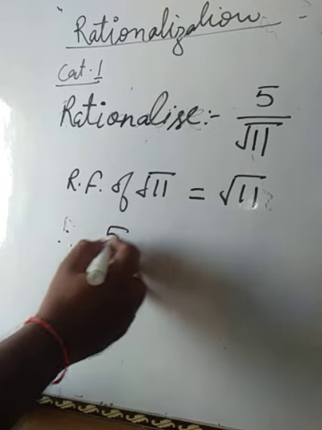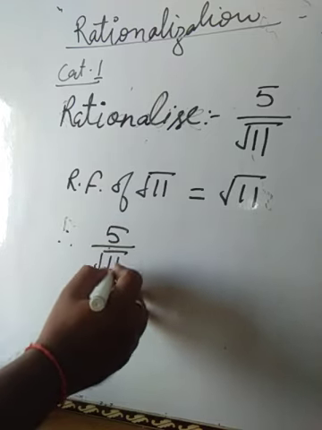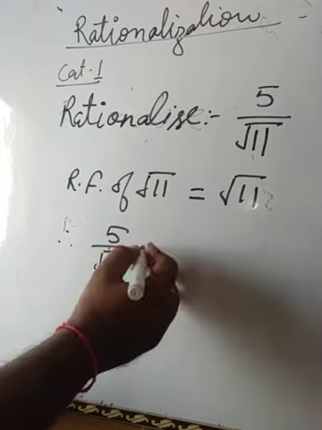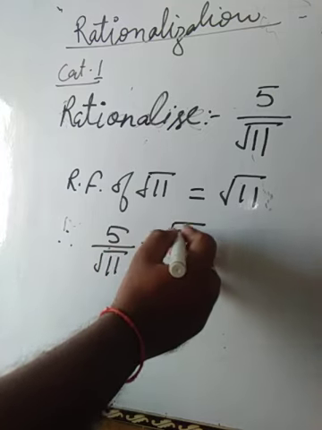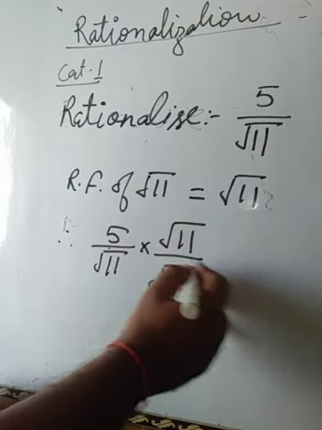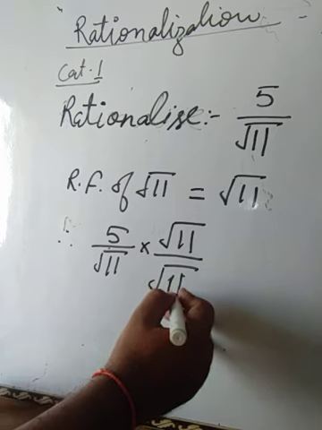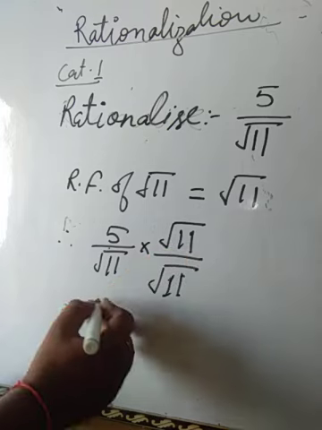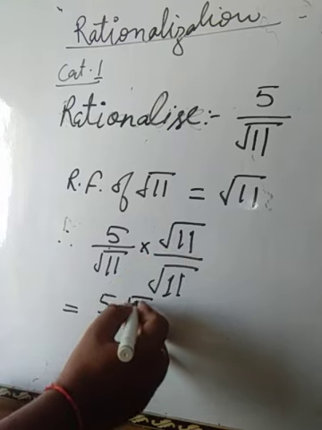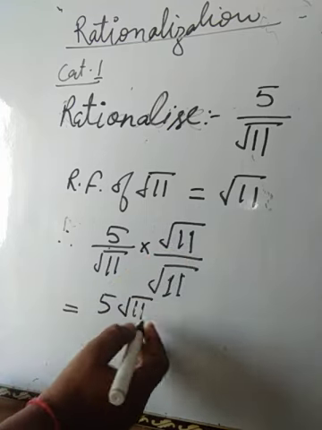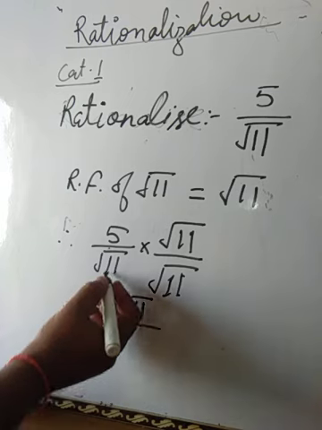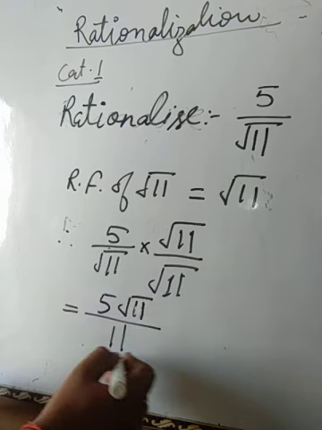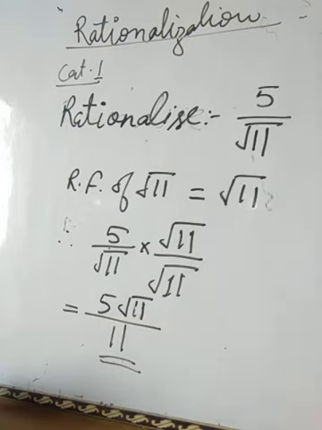Therefore 5 upon under root 11, this is the question, and this should be multiplied by root 11 upon root 11, correct? Multiply 5 into root 11, this is 5 root 11, upon root 11 into root 11, it is 11. And this is the way to solve such questions. Okay, this is the first category.